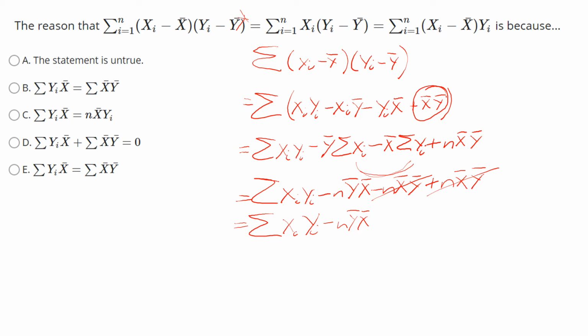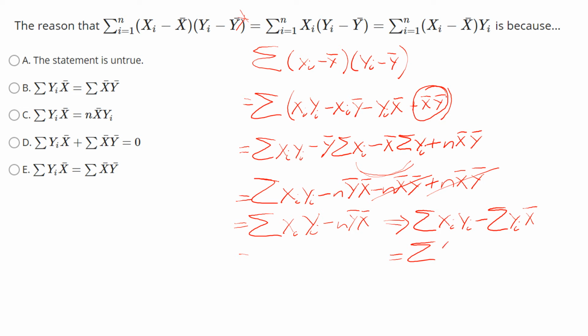Okay, now again we can rewrite this as follows. Sum of xi yi minus sum of yi x bar. That can be written as follows.